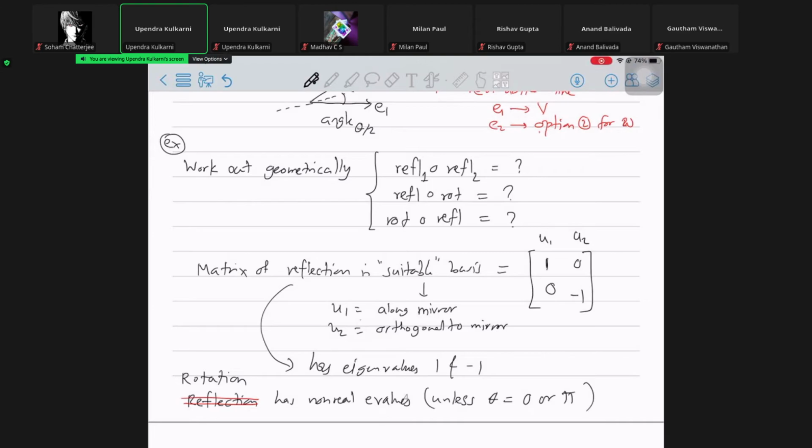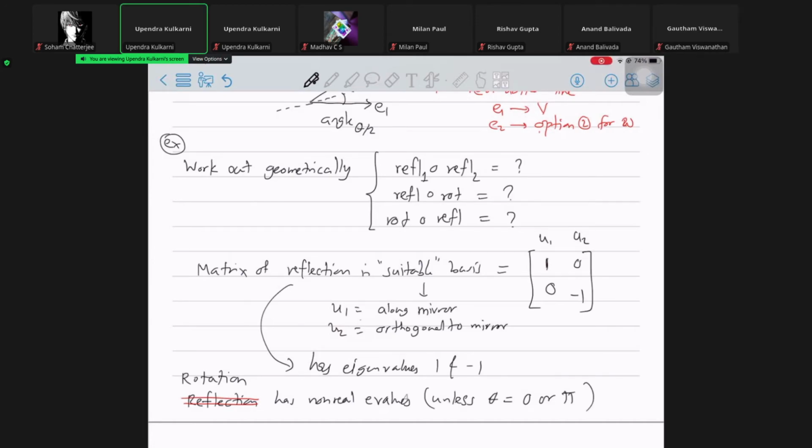And remember, perpendicular things go to perpendicular things. Therefore, the plane that is perpendicular to this vector, whatever those vectors are, all of those vectors, where will the matrix that I started with send them? That plane has to map to itself.